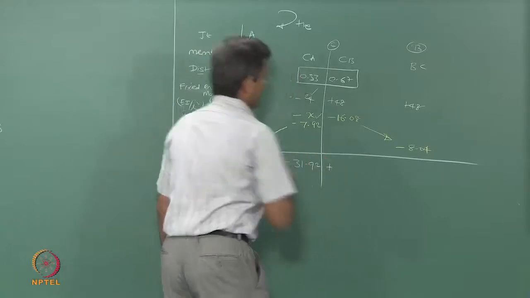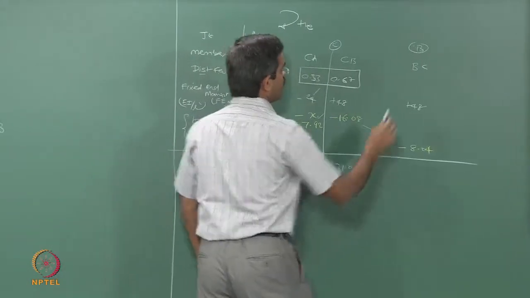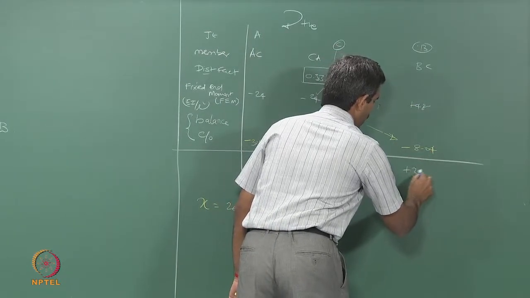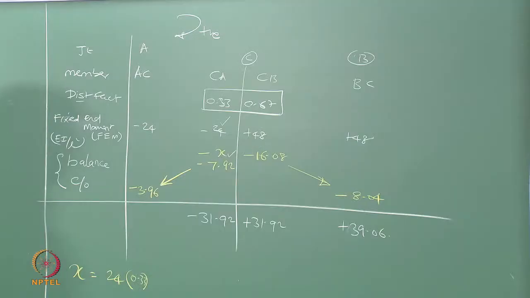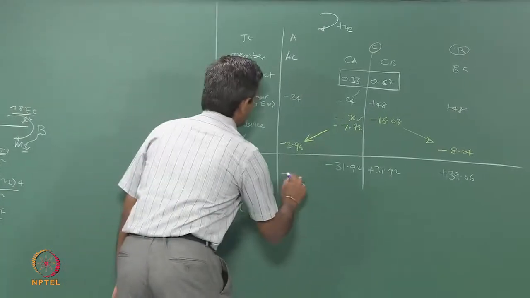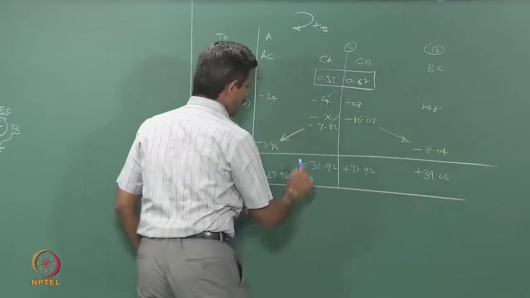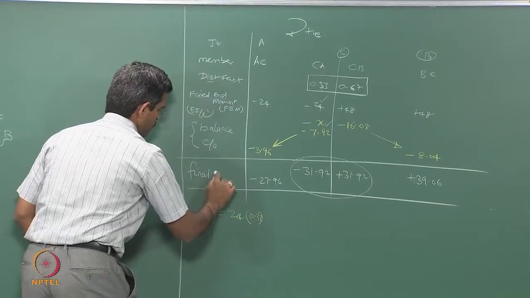So, plus 31.92, and of course, plus 48 minus 8. So, plus 39.06, right, and this is going to be minus 27.96. Now, you see, this has been balanced, therefore I can write these as final moments.